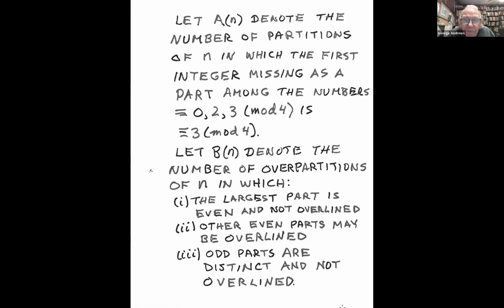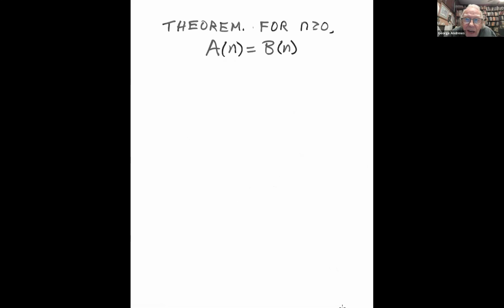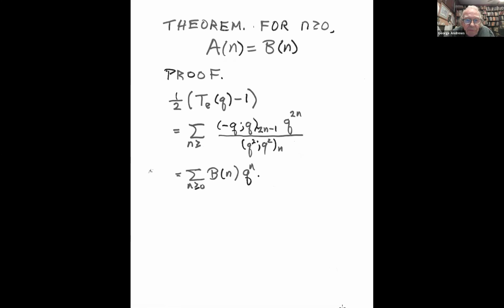Okay, so the theorem: for n greater than or equal to 0, A of n equals B of n. And how do we prove that? What we're going to look at is the generating function, back to this TE of Q, only we're going to take off the constant term. So we're having n greater than or equal to 1.